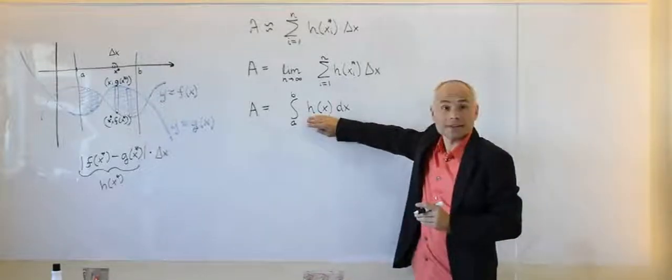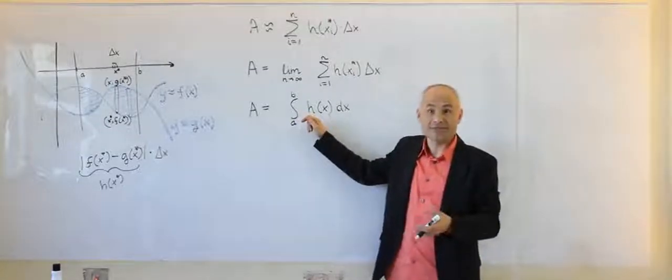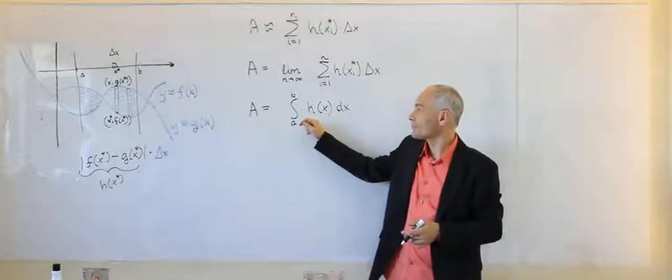So in other words, now remember that the height was the absolute value of the difference f minus g.